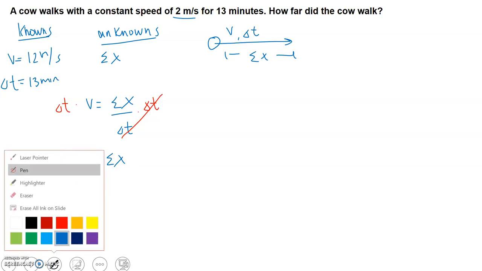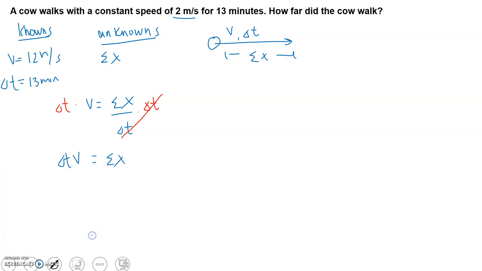Before we can put our known values in, let's look here at our knowns. Speed is measured in meters per second, but that time is measured in minutes. So in order to put those numbers into our equation, the units need to match. So we need to convert 13 minutes to seconds. Please note that I'm doing this conversion before I'm entering the time into the equation.